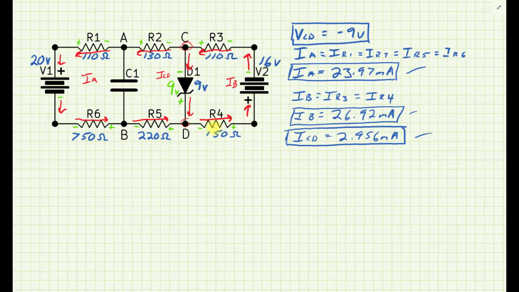Alright, so using Ohm's law, VR3 equals IB times R3. VR3 equals 26.92 milliamps times 110 ohms.